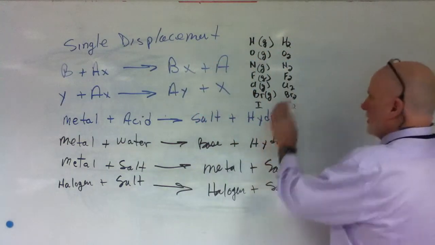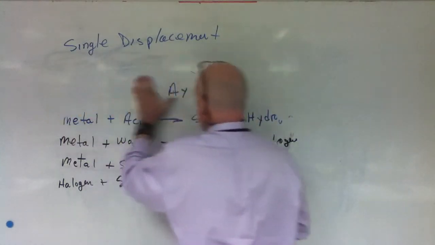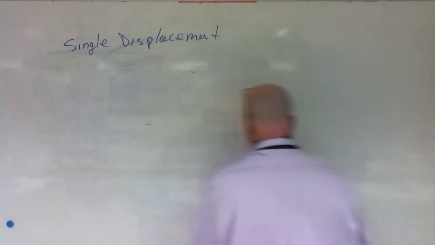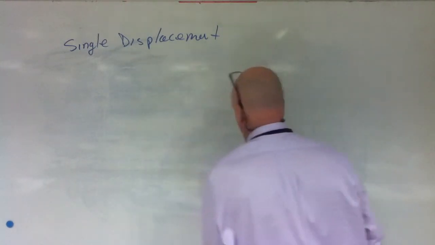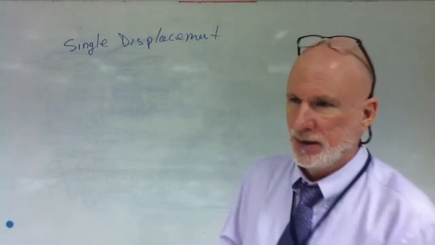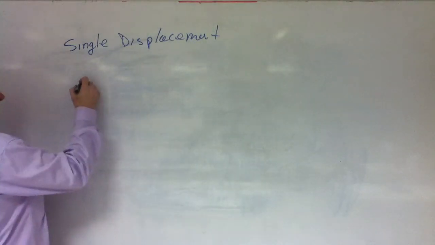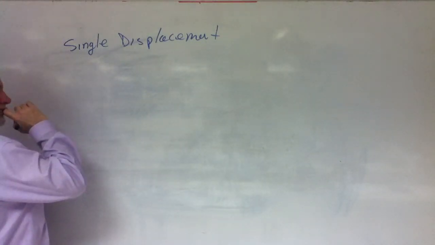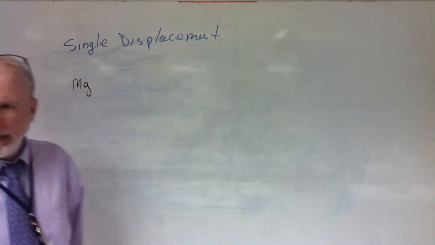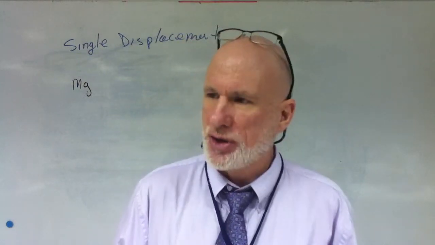So, now, this is what I want to do. I just want to do a quick example of each, and then we're done. What was the first one? I have magnesium. I'm not going to do the names and then the equation, I'm just going to give you the stoichiometric equation.